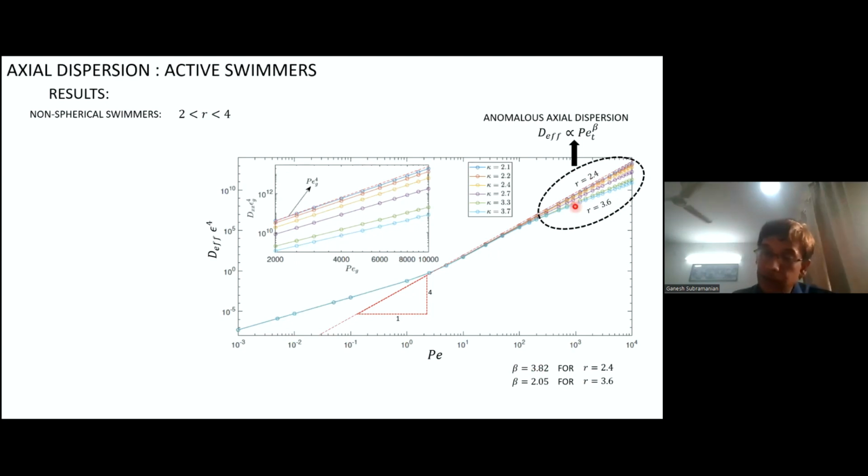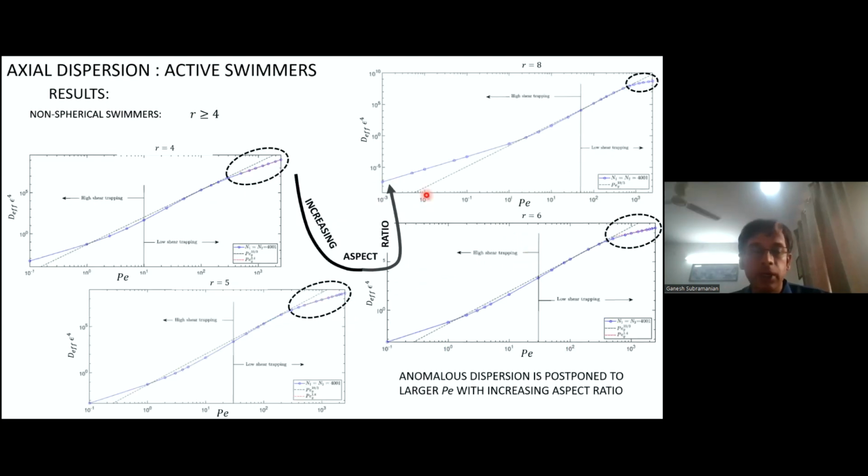And it's interesting because remember, 2.05 is very close to the classical Brownian value of 2, which implies that if I go to aspect ratios greater than 3.6, and if I go to sufficiently large Peclet, there will be a regime where the original thermal diffusion might start to dominate the active component of the dispersion, which grows with a smaller exponent. So this is for aspect ratios greater than 4.